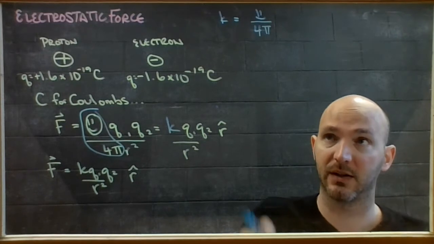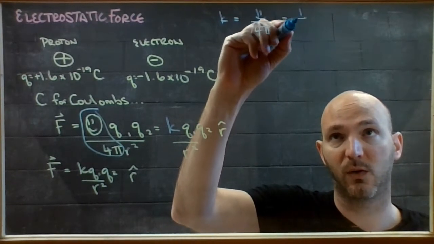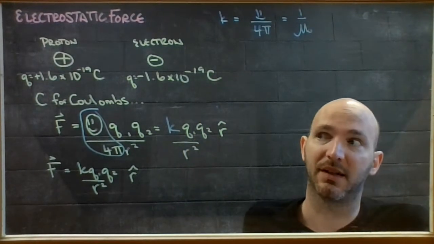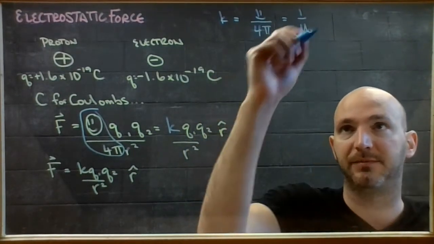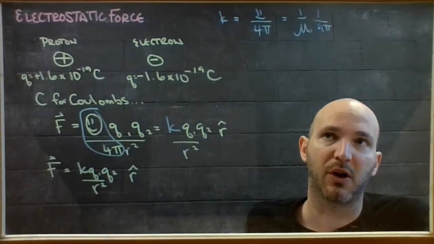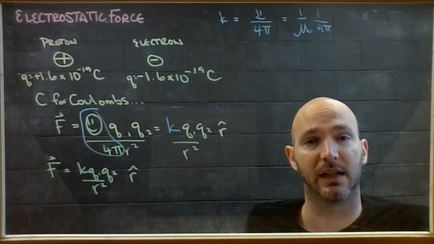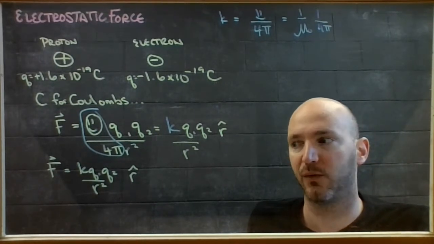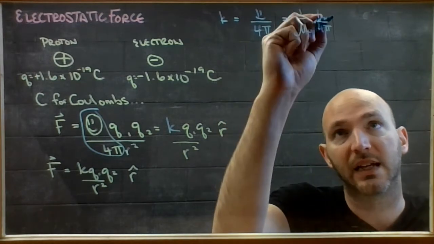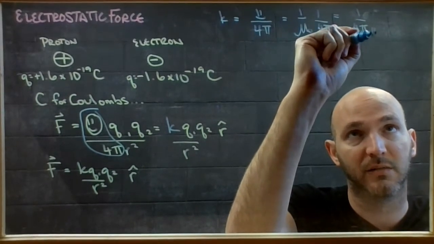And it turns out that the smiley face part is 1 over a constant called mu naught, which is the permittivity of a vacuum. So the permittivity of a vacuum is sort of how easily an electric field can establish itself with nothing around. So this thing ends up looking like 1 over 4 pi mu naught.